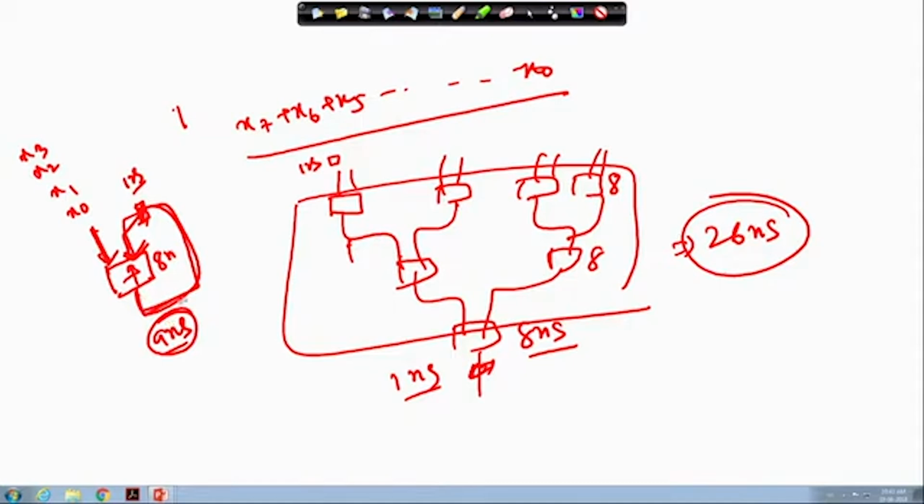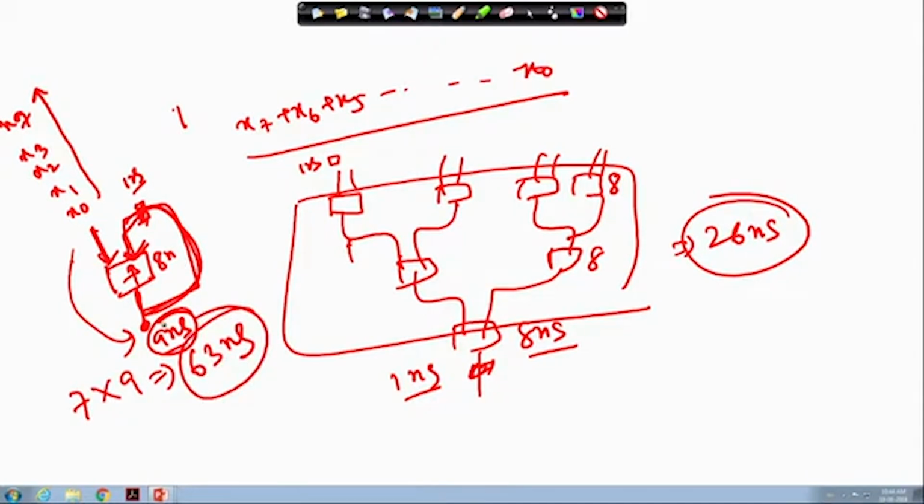That means one addition operation requires 9 nanoseconds. The numbers go up to x7, so after the 7th cycle I will get the first output. So total 7 into 9, 63 nanoseconds I have to wait for getting the first result.